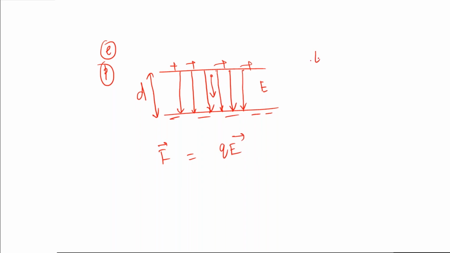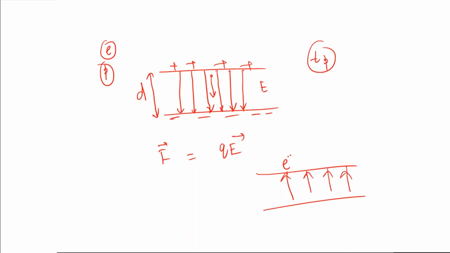Now you just change the polarity. Now you have the same uniform electric field direction. Since the electron is a negative charge, it will go in the direction opposite to the electric field. The electric force will be this way.